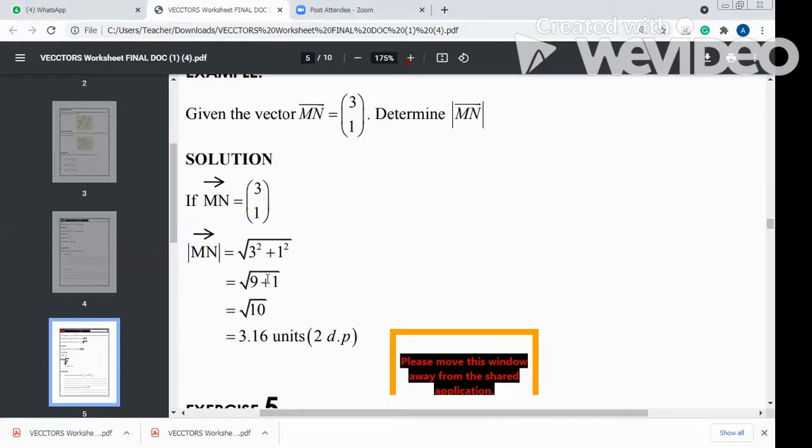Now 3 squared is 9, and 1 squared is 1 times 1, which is 1. 9 plus 1 is 10. And the square root of 10 is 3.16 units to 2 decimal places. Are we clear? Any questions? And I know you know how to use your calculator to get that, right?